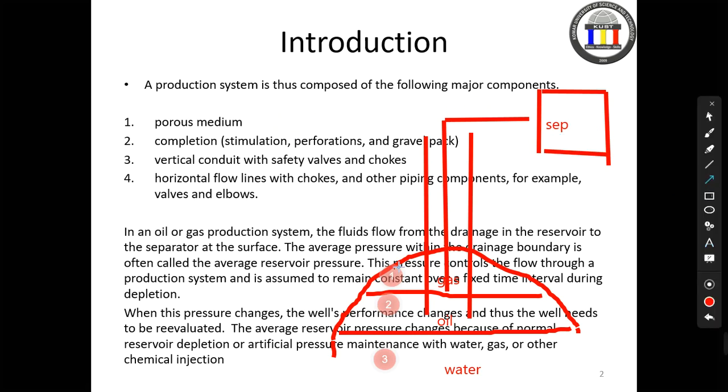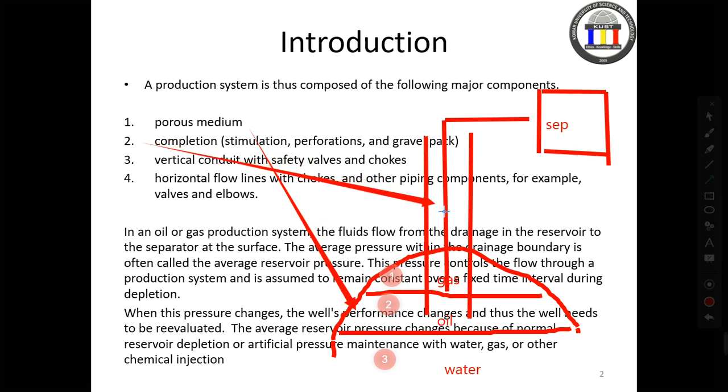So now as you can see, we have the porous medium, this we call the porous medium. We have the completion, the second part. This is the completion tubing that we talk about. This vertical part has lots of safety valves inside, and then we have this line and the separator. So we have four parts basically here.